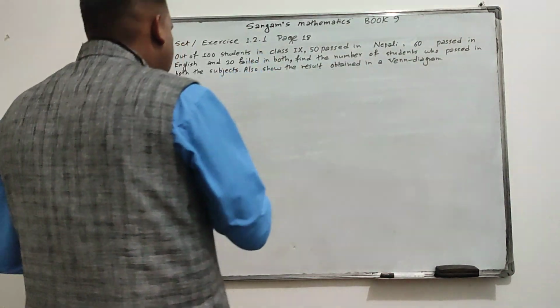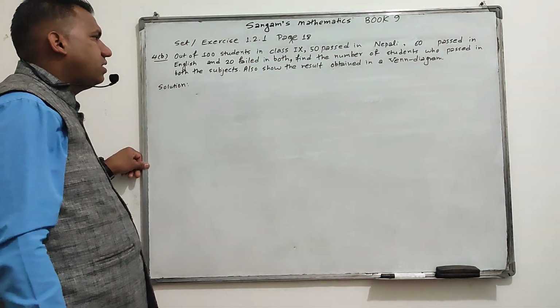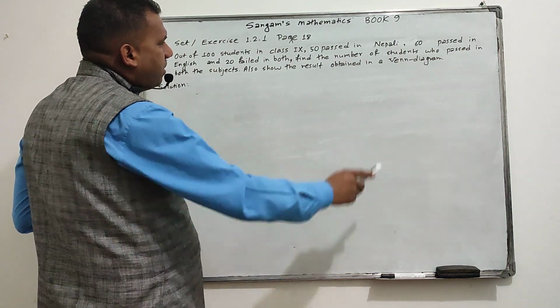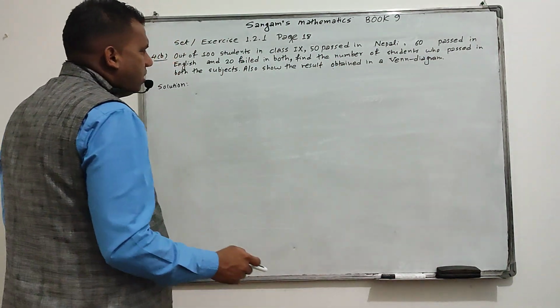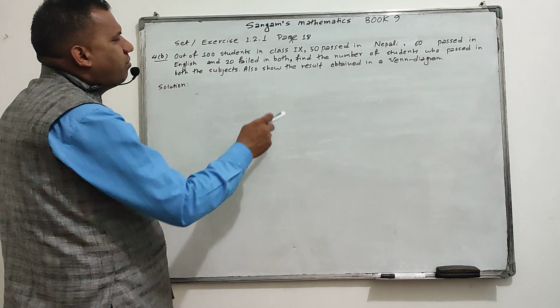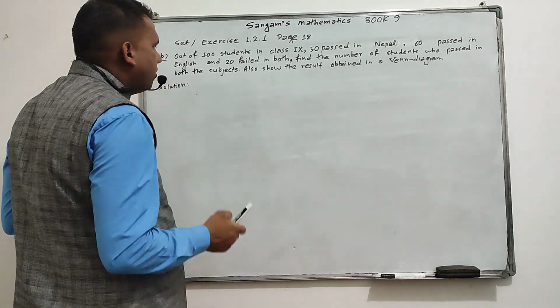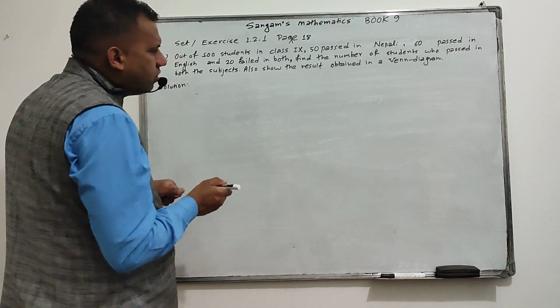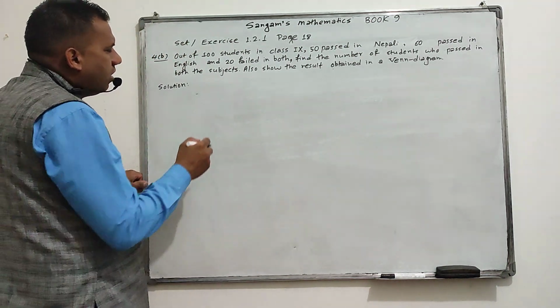Now, students, question number 4b. The question is: out of 100 students in class 9, 50 pass in Nepali, 60 pass in English, and 20 fail in both. Find the number of students who pass in both subjects. Also show the result in a Venn diagram.